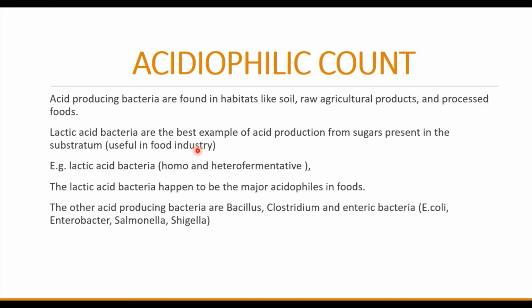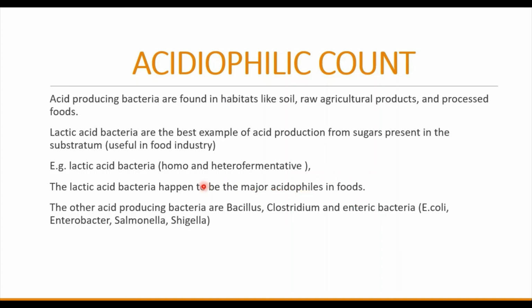The lactic acid bacteria are of two types, homofermentative and heterofermentative, where homofermentative means the final product is only one, that is lactic acid, whereas in heterofermentative, along with lactic acid, it may produce ethanol or acetic acid. So those are called heterofermentative lactic acid bacteria. And these lactic acid bacteria happen to be the major acidophiles in our foods.